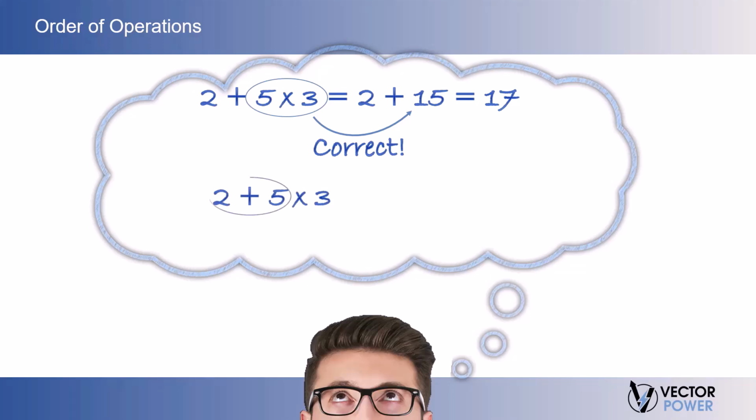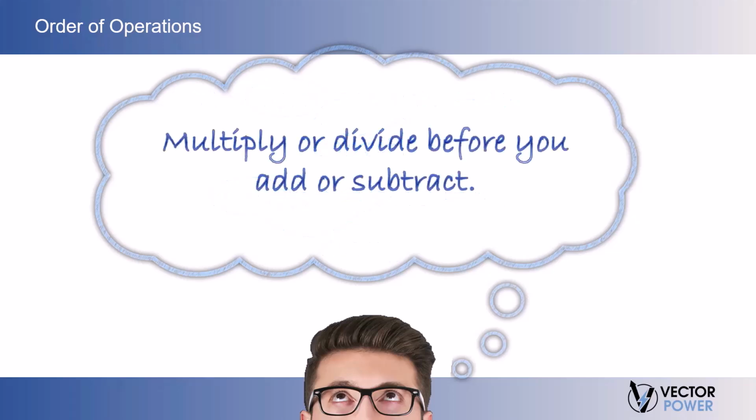Now, had we started with addition, 2 plus 5, that would have given us 7 times 3, which would have equaled 21, and that would have been the wrong answer. So, multiply or divide before you add or subtract.